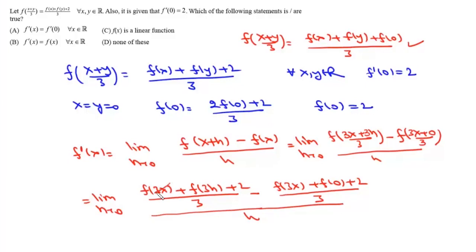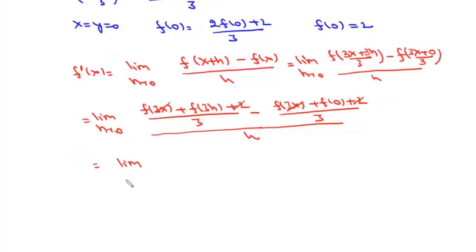Now f(3x) and f(3x) will cancel and 2 will also cancel. So we'll get this as limit h tends to 0 of f(3h) minus f(0) upon 3h, which is nothing but simply f dash 0. And in the question, it is given that f dash 0 is 2.